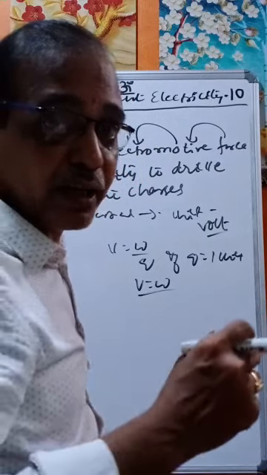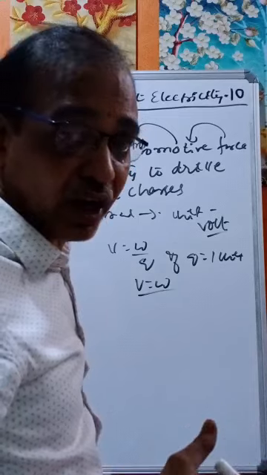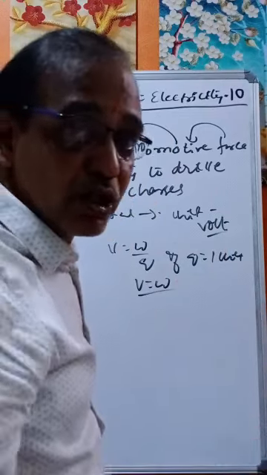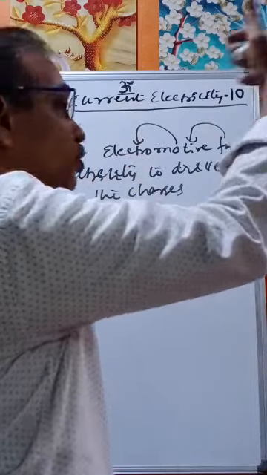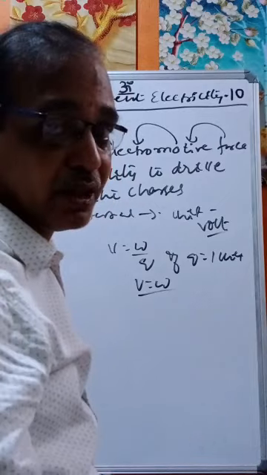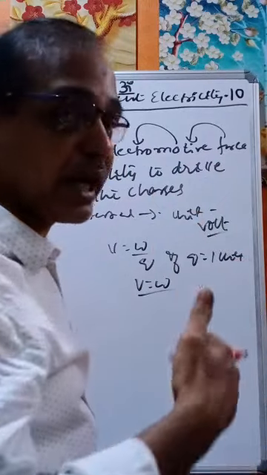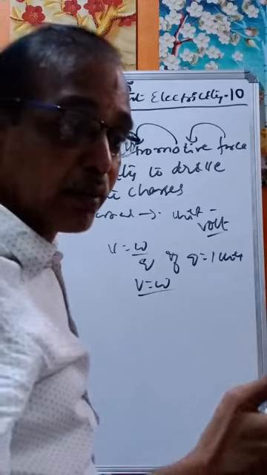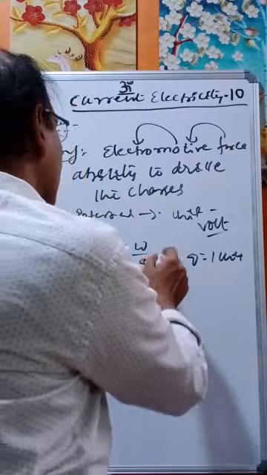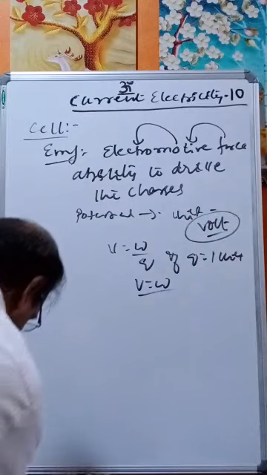It is the work done in moving the unit charge through the cell and also through the circuit. It's also called electromotive force. They are all different definitions: the force which motivates the electrons, the ability to drive the charges, the work done in moving the charge. These are all different ways of expressing the electromotive force, whose unit is simply volt.